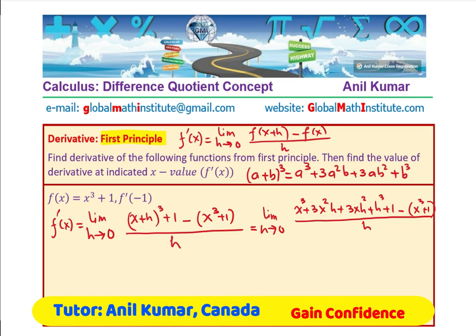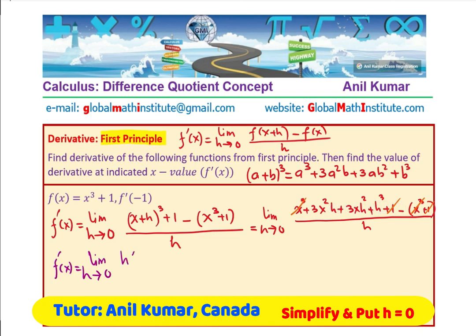Always you will find that every term which does not include h cancels. So x cube cancels with x cube, 1 cancels with 1. Do you see that? Always. And from the remaining, you can factor out h. So I'm going to write the derivative of this function as equal to the limit as h approaches 0, and I'm taking h common directly now, right?